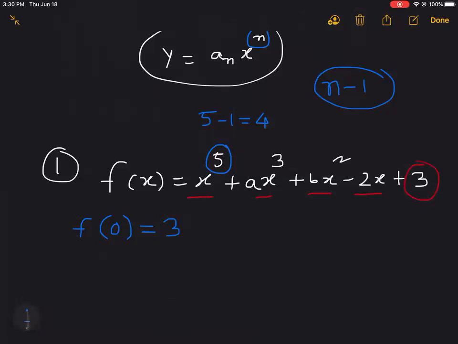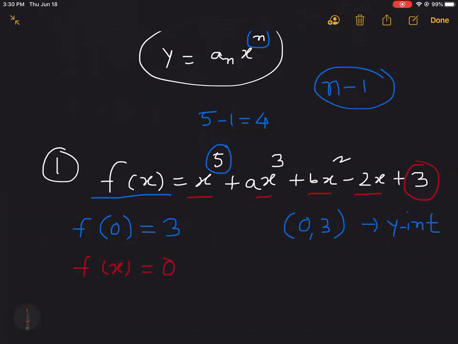Now, if we want to get the x-intercept, let me write it for you. The y-intercept is (0, 3). Next up, we want to find the x-intercept. For the x-intercept, we'll put 0 for f of x, so f of x will be 0, right?